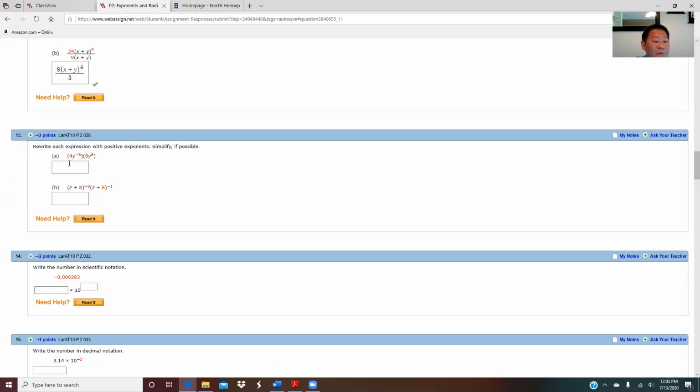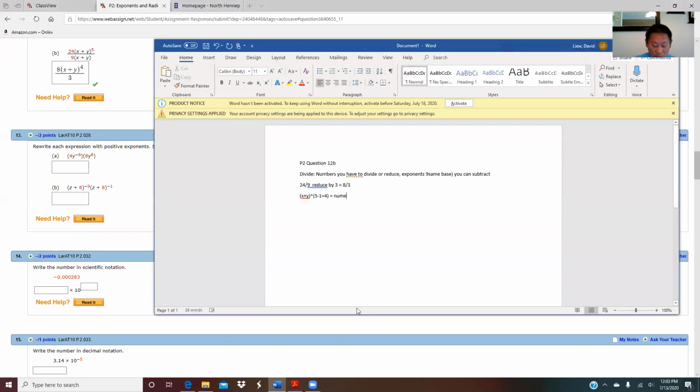Next, question 13. This time we have to multiply. For question 13, again, the numbers you multiply, the exponents you add. For question 13A, you just multiply your numbers. The numbers I have are 4 and 8.